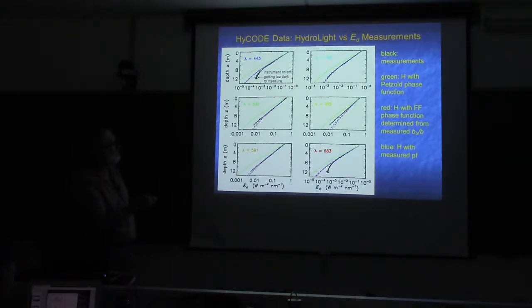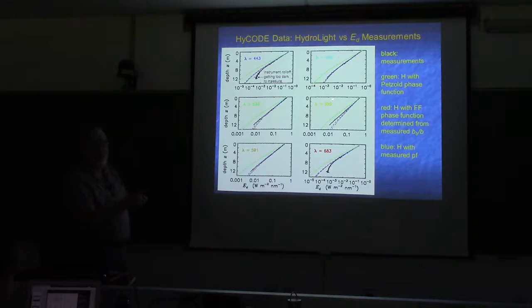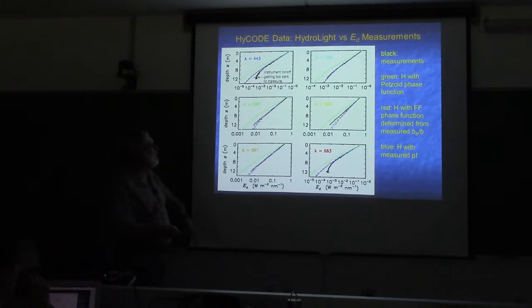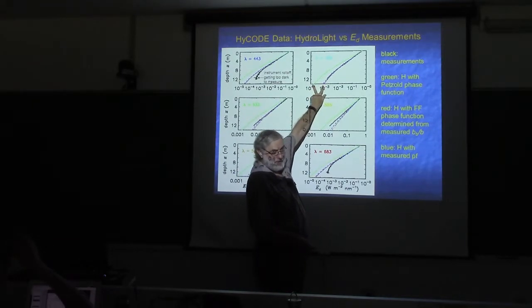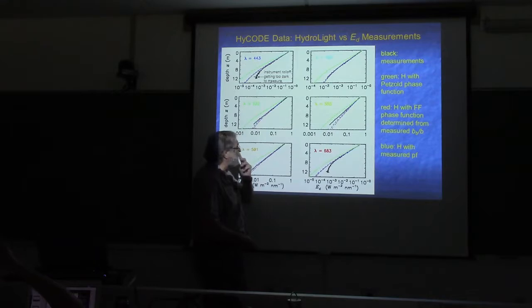If we look at 489 or 533, for example, now there's plenty of light for the instrument to measure ED all the way to the bottom, and you see there's basically what I would humbly call just about perfect agreement between the measured ED, the ED from the measured phase function, and the ED from the Fournier-Forand phase function, and then the Petzold doesn't have enough ED, and that's almost an order of magnitude by the time you get to 14 or 15 meters.